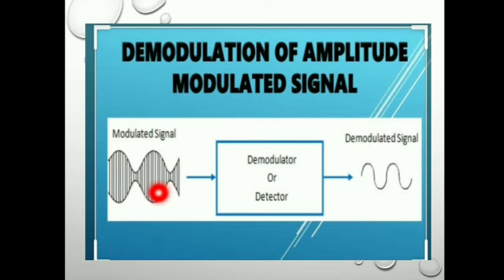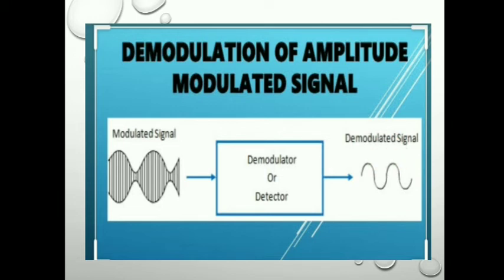The modulated signal is passed into the device, that is the demodulator or detector. This detector detects the modulated signal and gives the output. So that is the demodulated signal. This demodulated signal is nothing but the real, that is the actual, output.